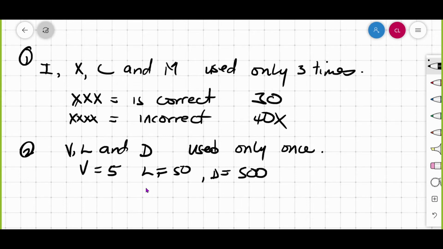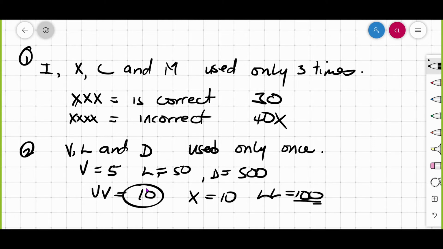So you won't see VV and think that this is 10, because X is equal to 10. You won't see LL and think this is 100, because C is equal to 100.